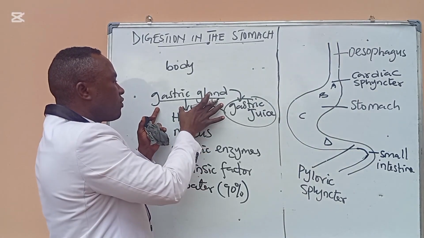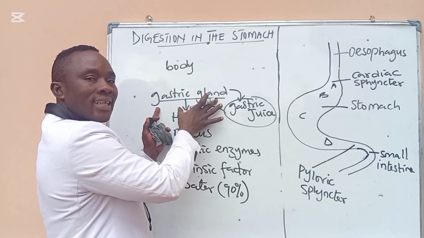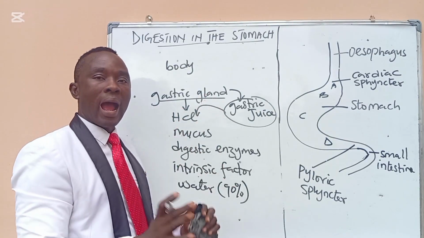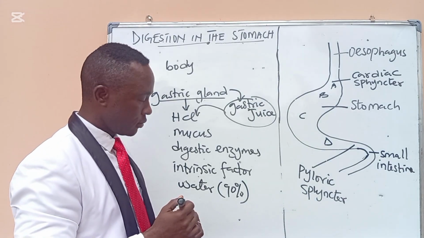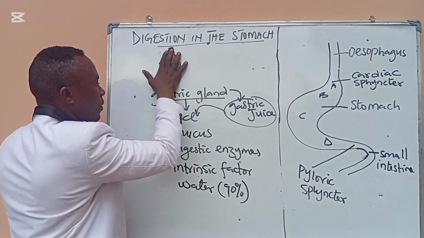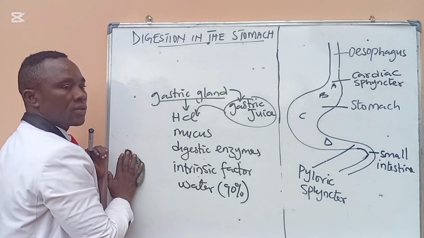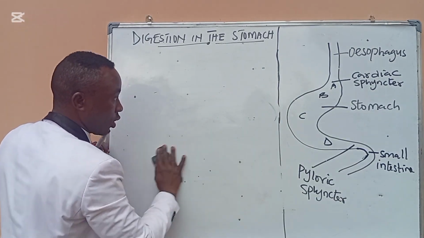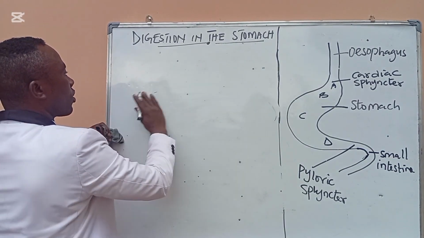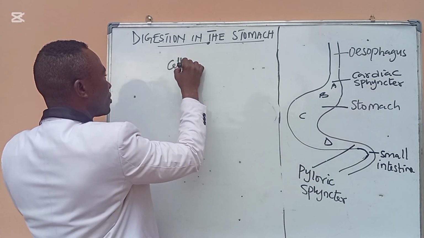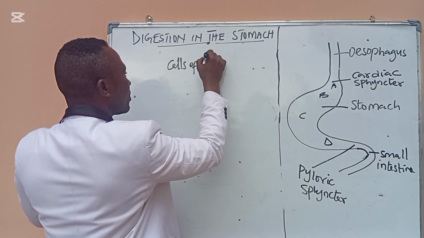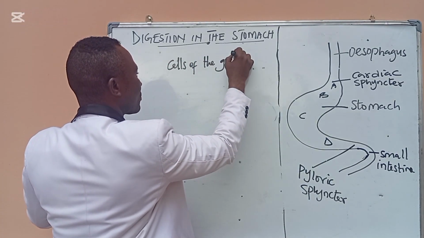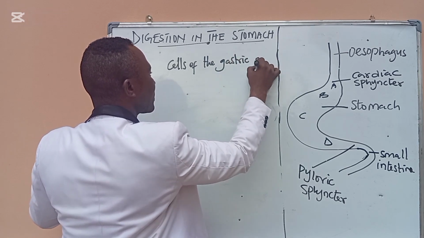Now, the cells of the gastric gland that secrete gastric juice are of 3 types. So we come to the cells of the gastric gland.